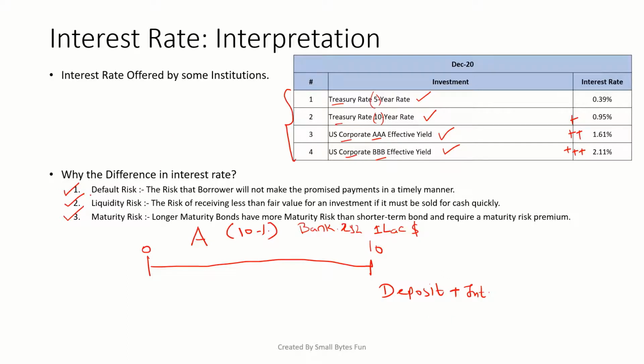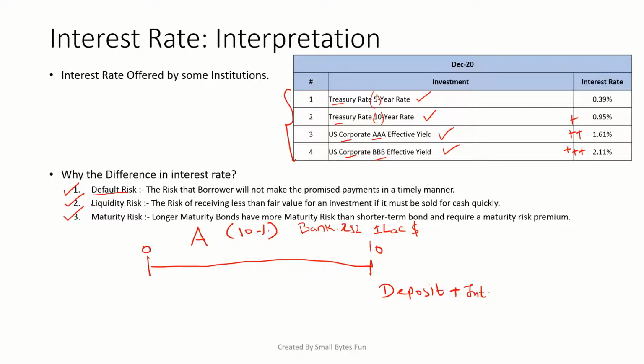So default risk is nothing but the counterparty going bankrupt and not being able to make the promised payments in a timely manner. That is the default risk.